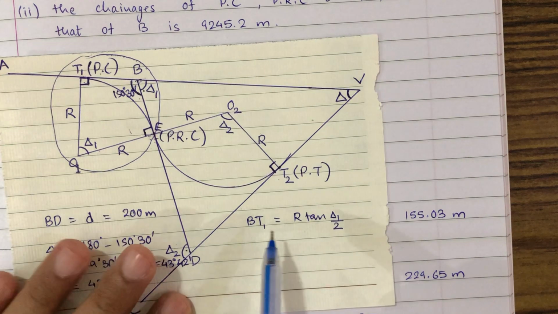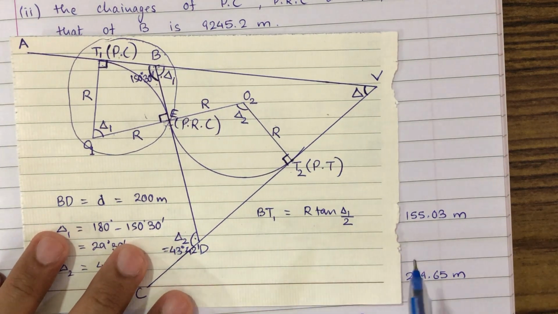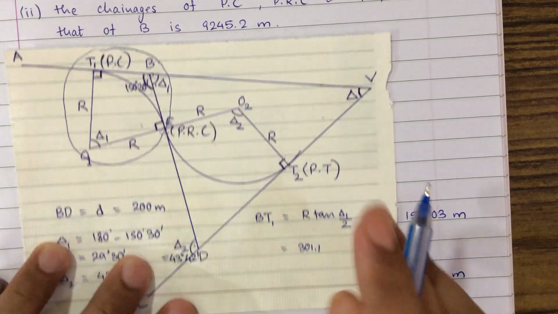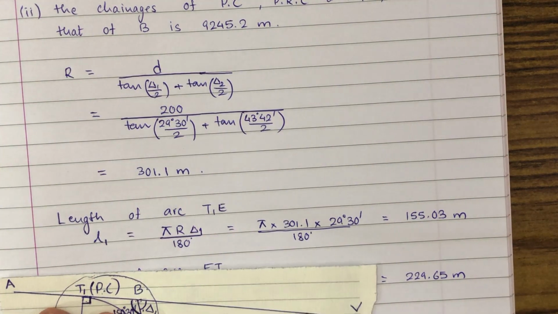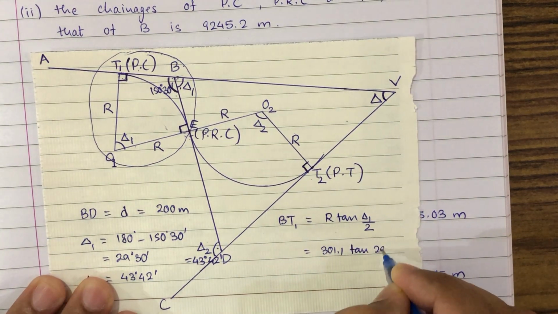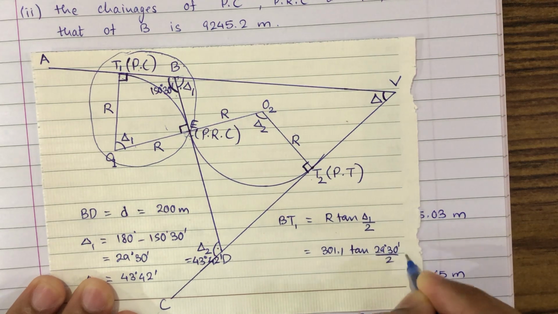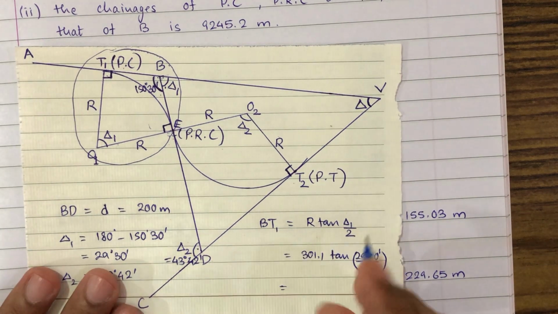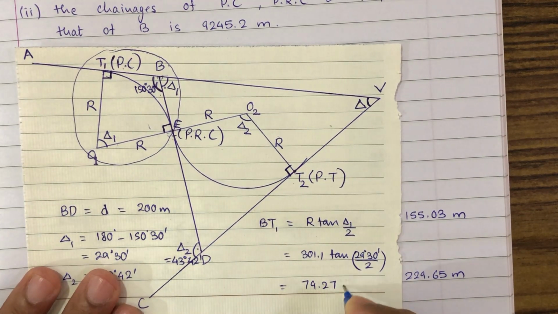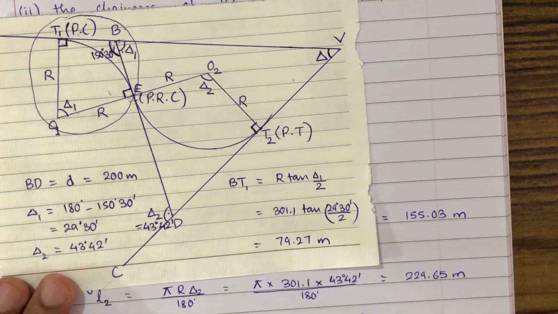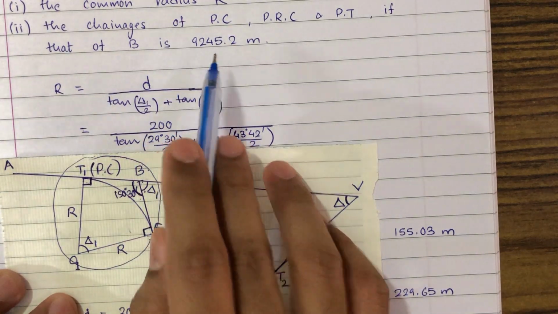So BT1 is r tan delta 1 by 2, where r is 301.1, which we calculated, and delta 1 is 29 degree 30 minutes. So this BT1 value comes out to 79.27 meter.